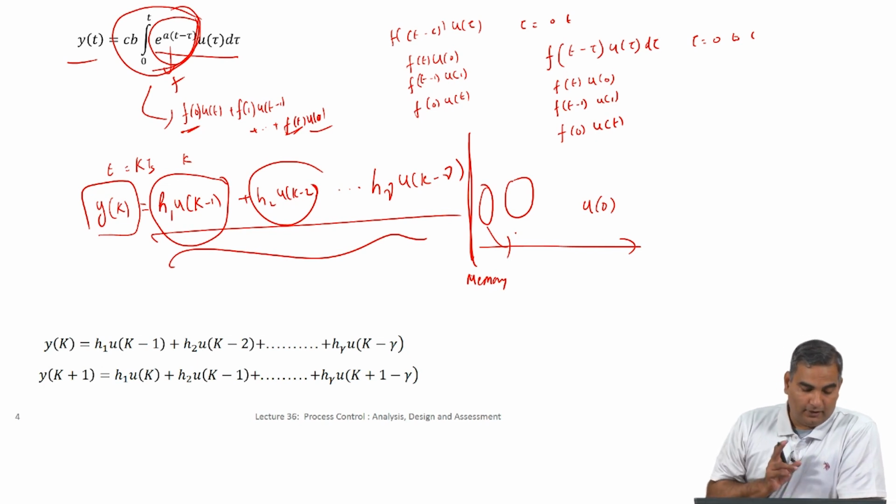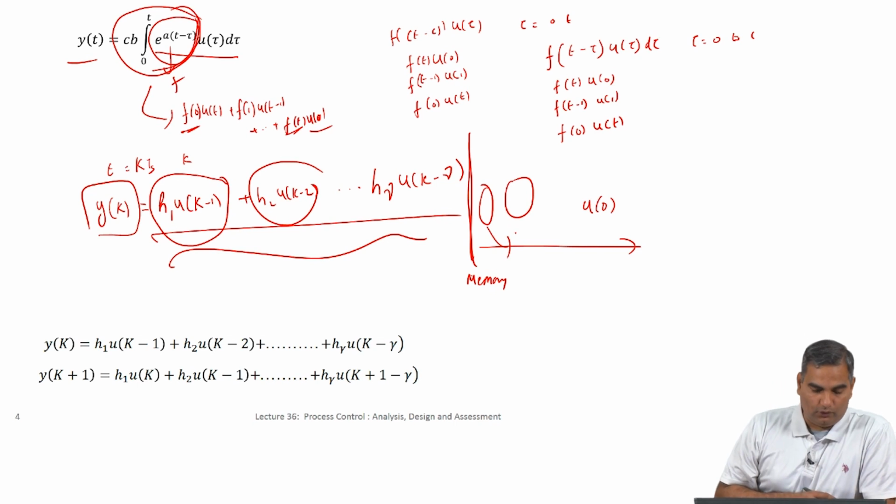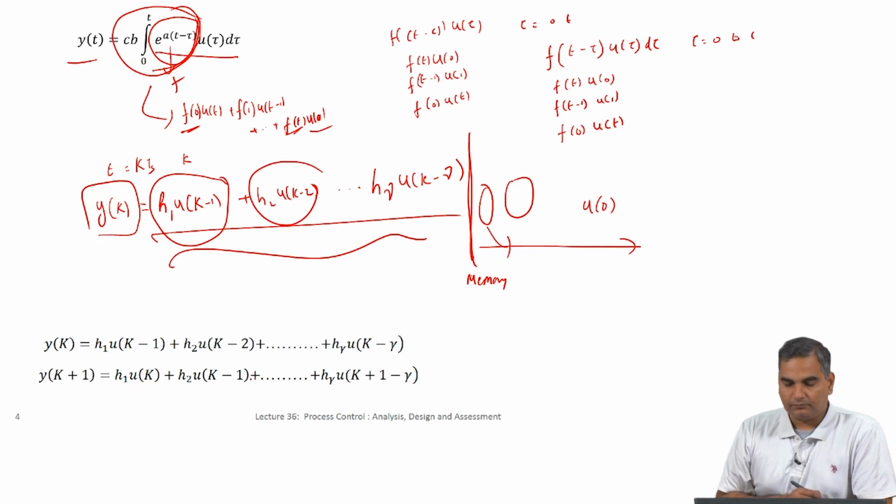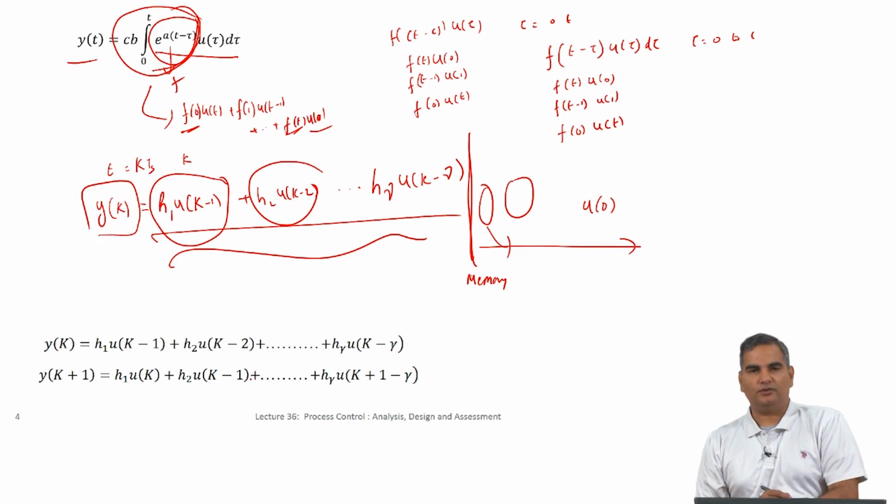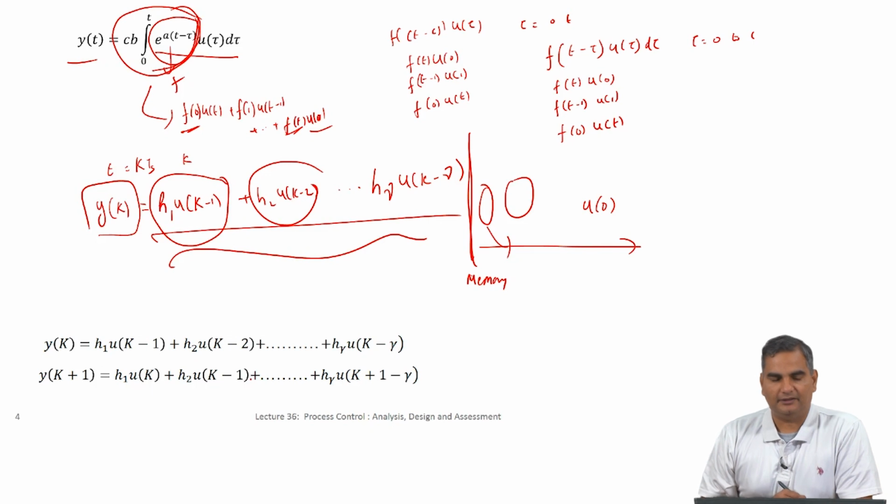Okay. Now, the interesting thing to note is, once we understand it this way, whether this is k or k plus 1, it does not matter, the same rule will follow, which I will show here.